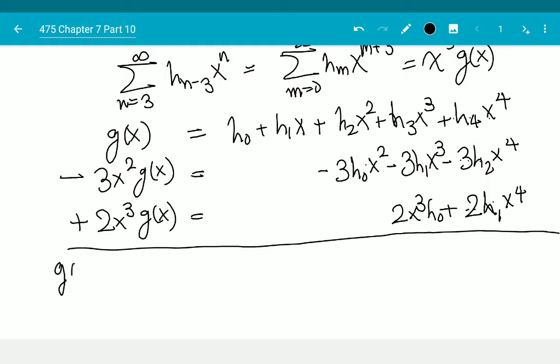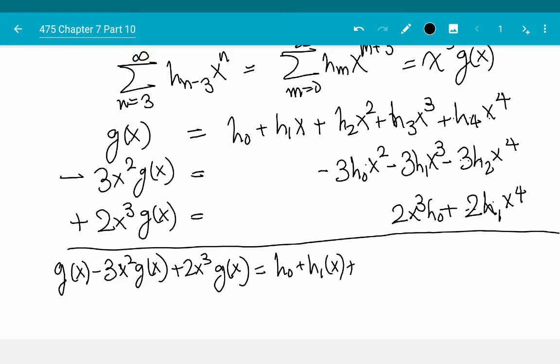So on this side, I get g of x minus 3x squared g of x plus 2x cubed g of x is equal to h0 plus h1 x plus h2 x squared minus 3 h0 x squared plus, for x cubed, h3 minus 3 h1 plus 2 h0. That is h of 3 minus 3h of 3 minus 2 plus 2h of 3 minus 3.